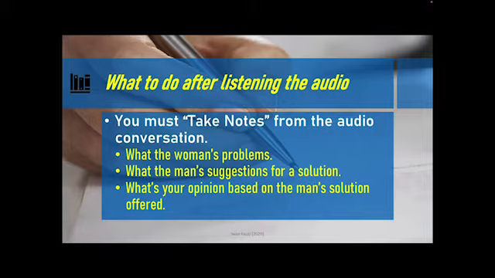The first thing you should find out is what the woman's problem is, then what the man's suggestions for a solution are, and what your opinion is based on the man's solution offer. So we can have three kinds of notes from the conversation, because these three things are really important to describe the situation in the conversation between a man and a woman.